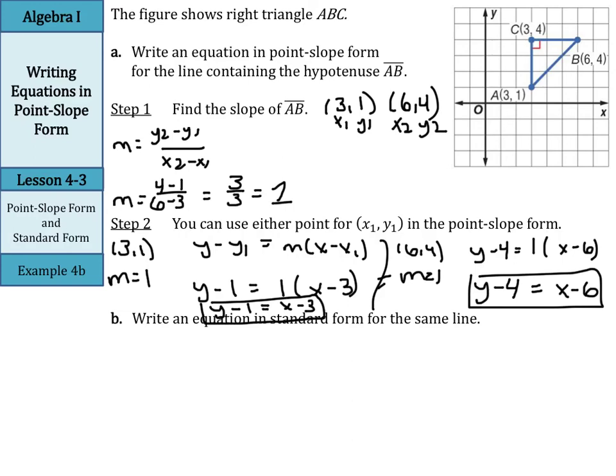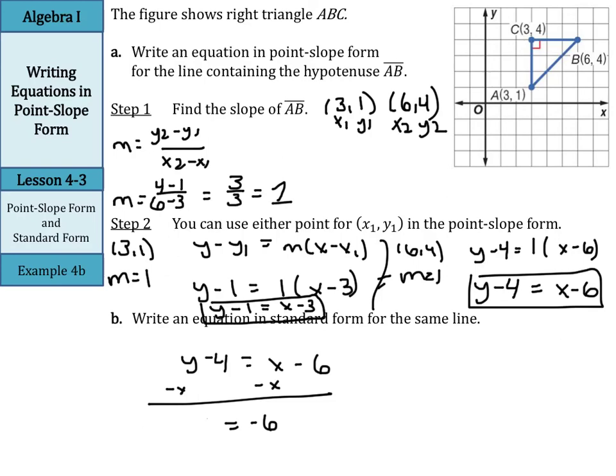To write this in standard form, pick an equation here, either equation. We'll do the y minus 4 equals x minus 6. We need to get all our x's on one side so we can subtract x from both sides. And we're left with negative x minus 4 equals negative 6. And actually I forgot my y there, so let's go back here real quick.